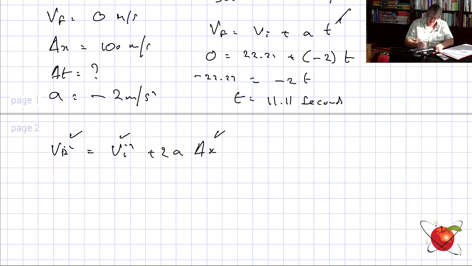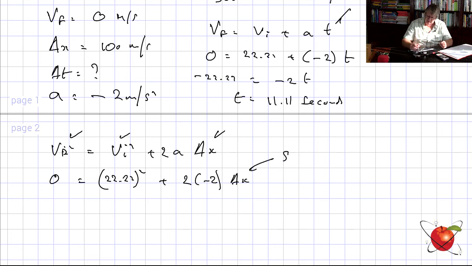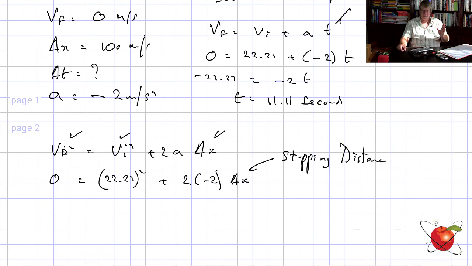Velocity final is 0, which is equal to 22.22 squared plus 2 times minus 2 times delta x. We're working out the stopping distance if we are decelerating at 2. We know that we've got a maximum of 100 meters.